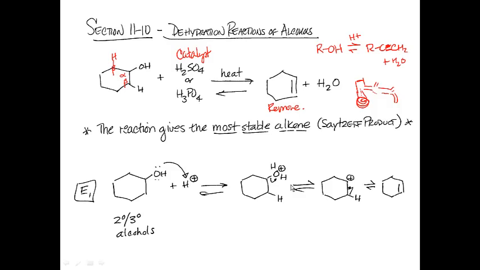So, what have we seen for today? Dehydration is a reaction we talked about last semester. You react an alcohol with sulfuric or phosphoric acid and heat. If it's a secondary or tertiary alcohol, you go by an E1 mechanism, and you'll form the most substituted double bond.